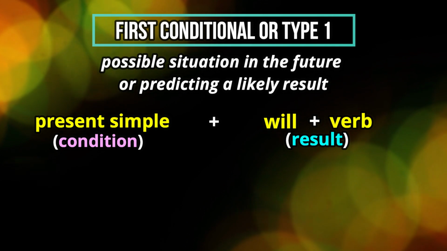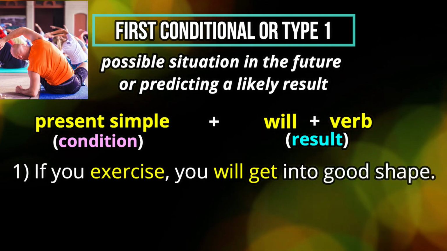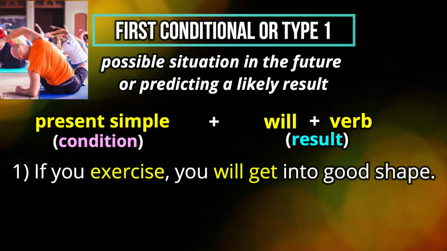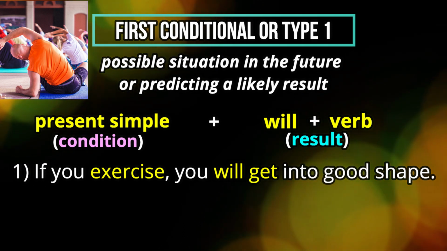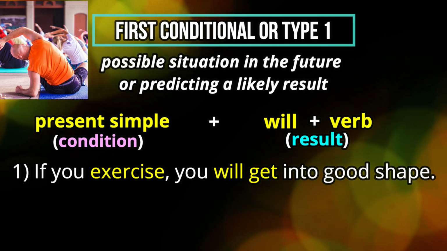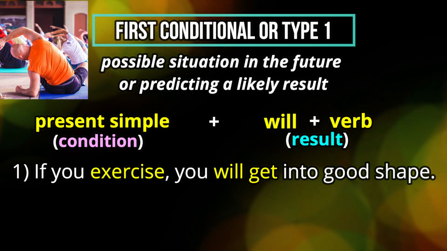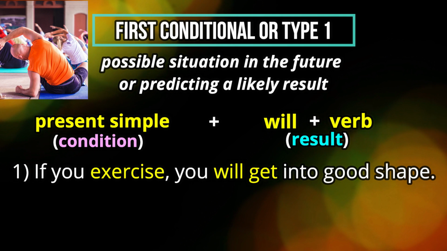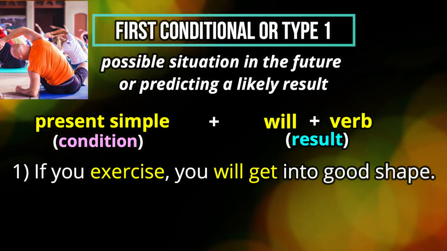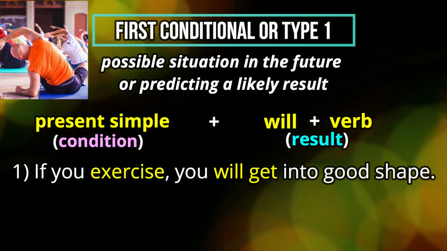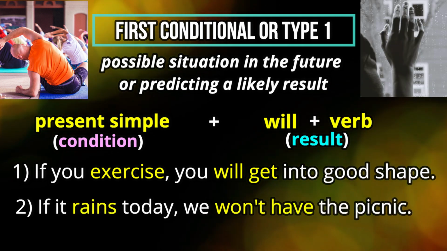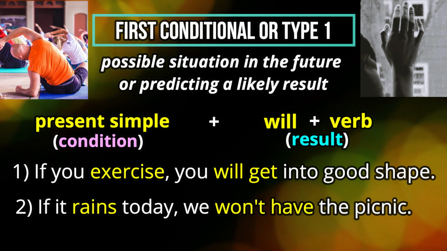In the first example, number 1, if you exercise, you will get into good shape. In this sentence, the condition, if you exercise, if you work out, the result will be you will get into good shape. You see it? All right. Number 2, if it rains today, we won't have the picnic.